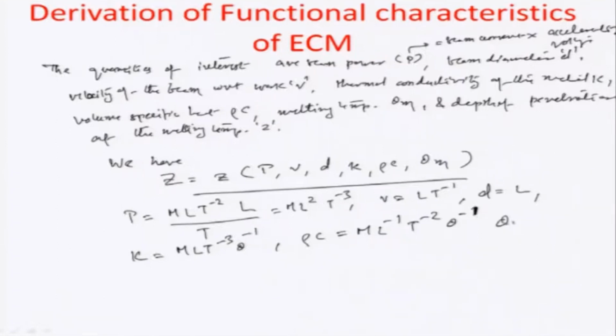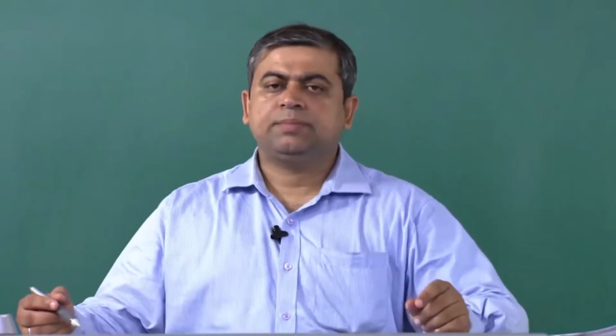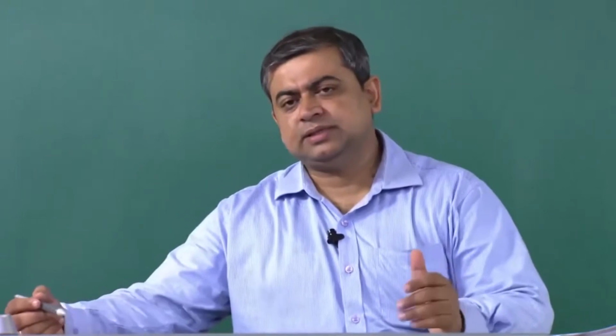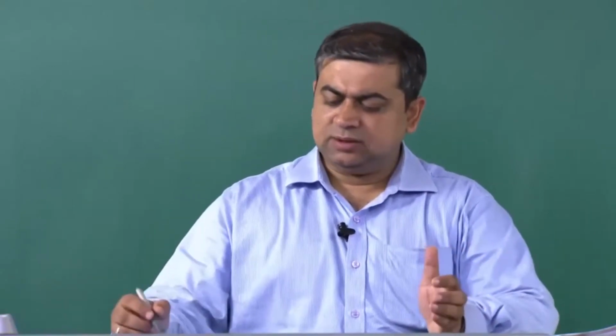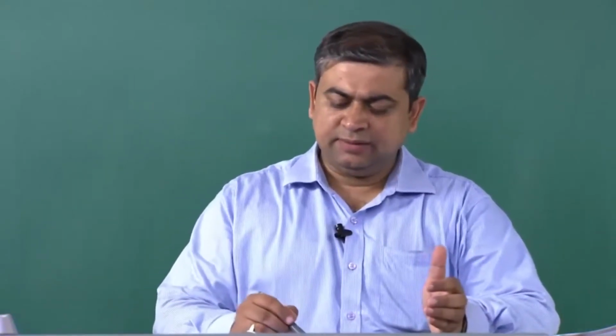Of course, theta m is nothing but having the basic dimensions of temperature, z is L. So, according to the Buckingham's pi theorem, the methodology that is followed is to see how many dependent or independent parameters are there. In this case, the total number of parameters that are there are 7.